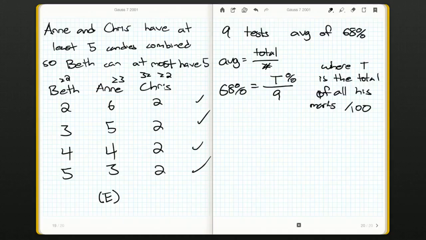So T will be the total of all his marks. We want to figure out what T is. We rearrange the equation. So 9 times 68%, and 9 times 68, we grab our calculator, and we get T is equal to 612.